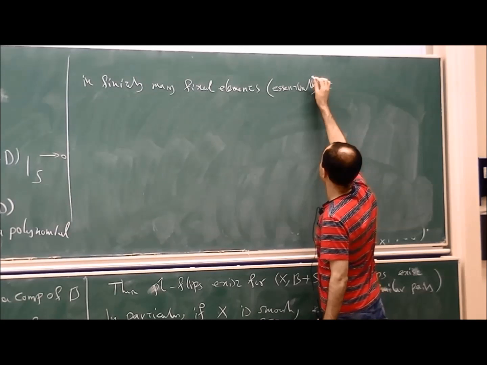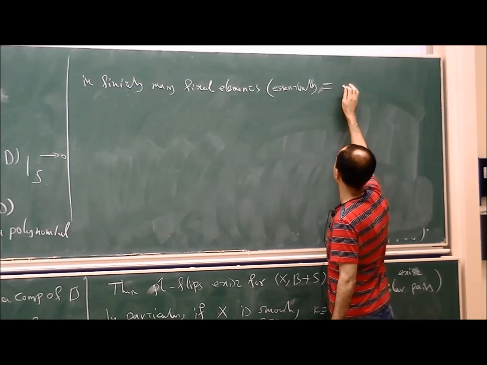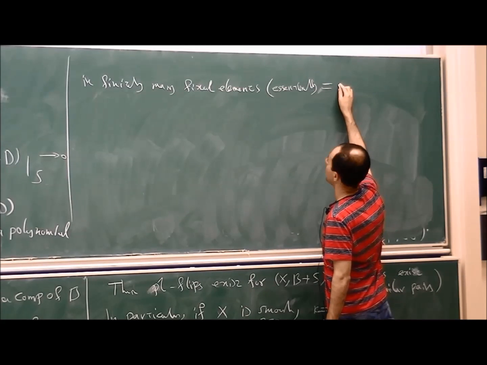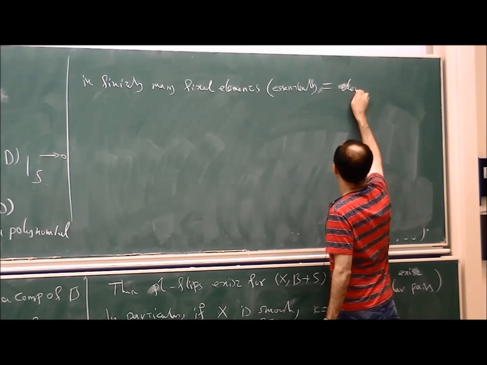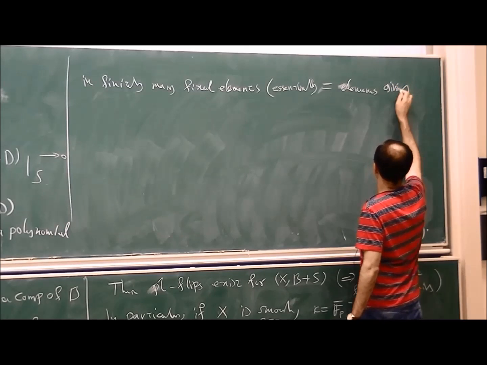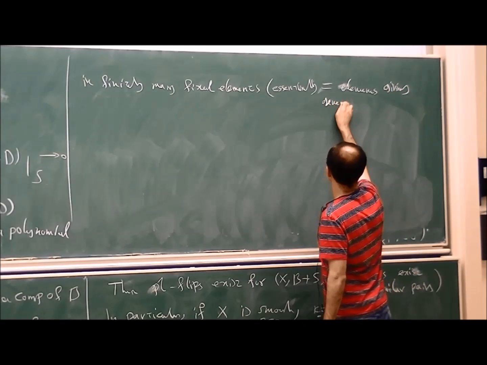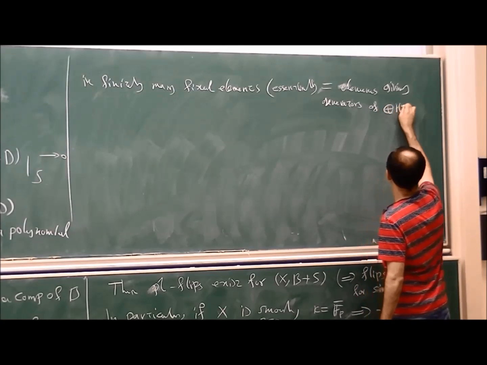So this is not 100% correct. You still need something from upstairs, but it's almost saying that you just take generators of elements giving generators of the restriction.